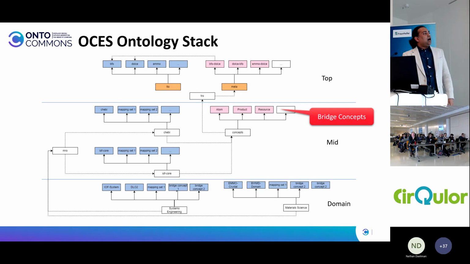And then the mid-level ontologies are used by the domain level ontologies, which are more specific to the domain. And this mid-level ontology and the domain level ontology are closer to the user, who can also be the domain expert who wants to use the ontologies.